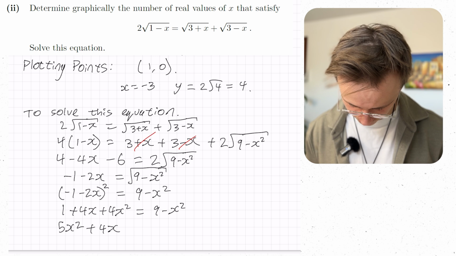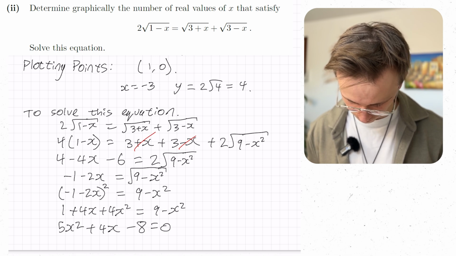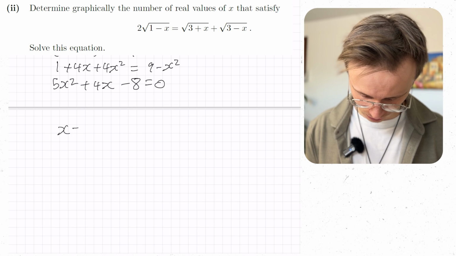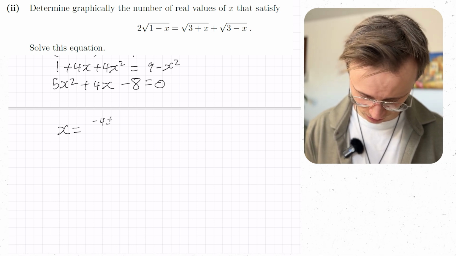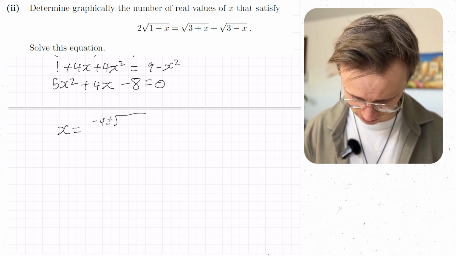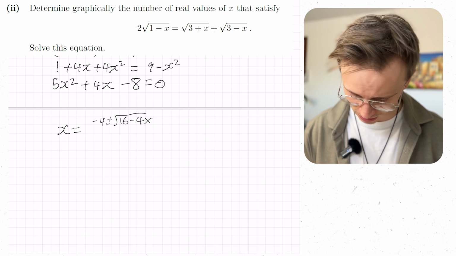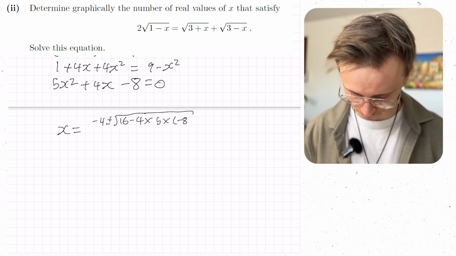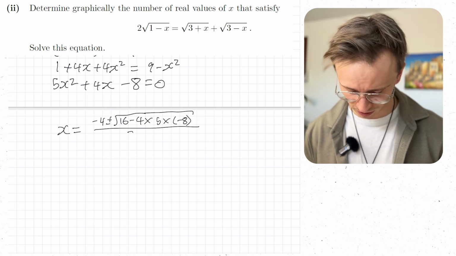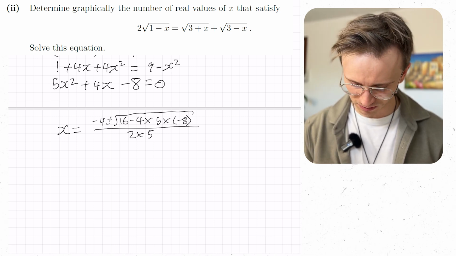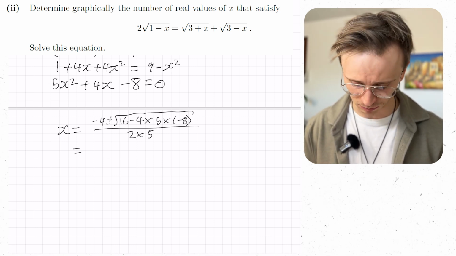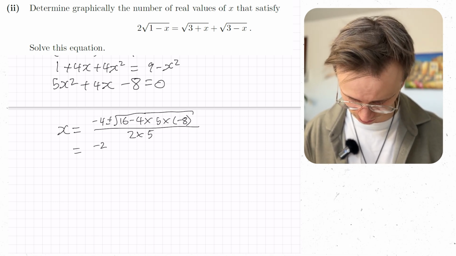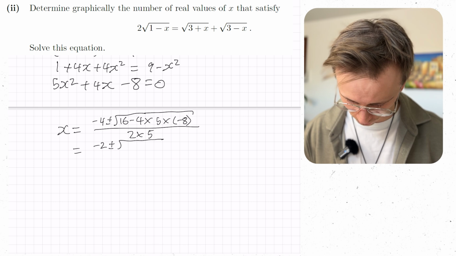plus 4x minus 8. So then trying to solve this, I end up with x equals minus 4 plus or minus the square root of b squared is 16 minus 4 times 5 times minus 8, all over 2 times 5. And then just because I see a lot of 4s and 16s about, I'm going to cancel out some of the bits. So I end up with minus 2 plus or minus the square root of 4.